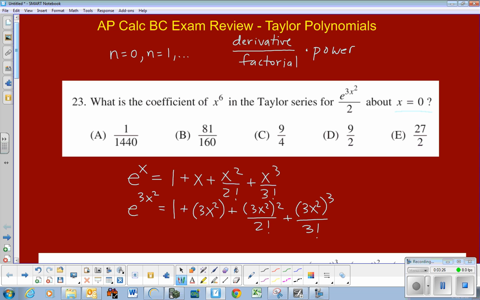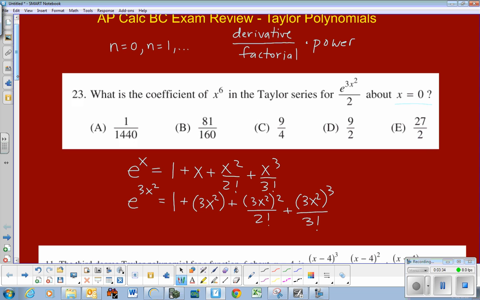And the reason we only needed to get to the 3rd degree on our e series is because when we replace that x with 3x squared, we're going to be all the way out to x to the 6th at this point. So this is e to the 3x squared.